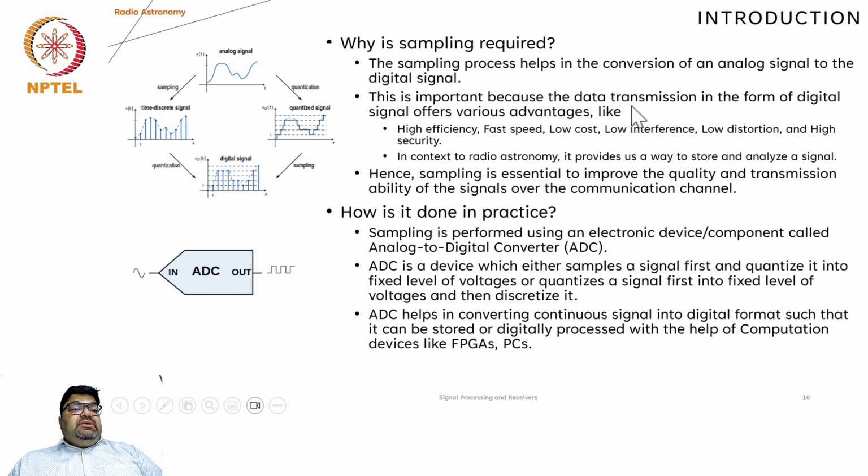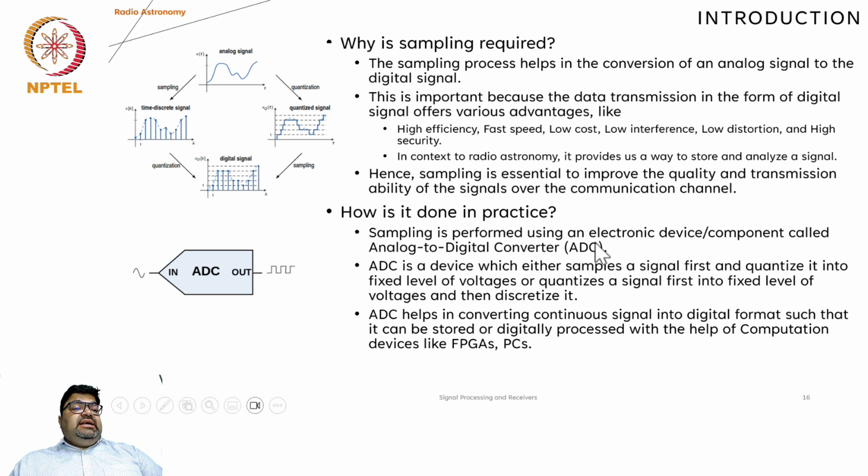This is important because data transmission in the form of a digital signal offers various advantages like high efficiency, fast speed, low cost, low interference, low distortion, high security, etc. In the context of radio astronomy, it provides us a way to store and analyze a signal. Hence, sampling is essential to improve the quality and transmission ability of signals over the communication channel.